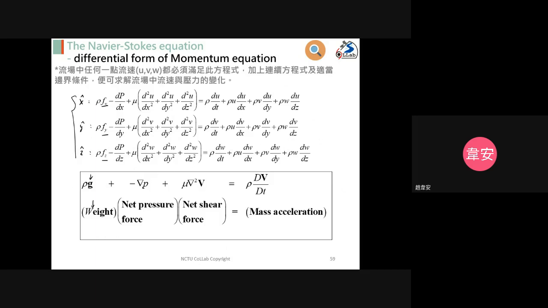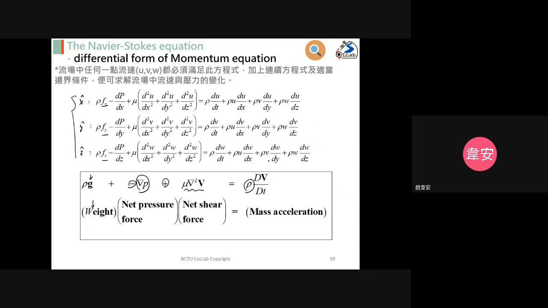In the second, we have the pressure force gradient, but notice that there is the minus operator, and we also have the plus μ Laplace operator for the fluid particles. So this is the item related to the shear force because we need to consider the viscous effect. And the right hand side is equal to the density multiplied by the acceleration operator.